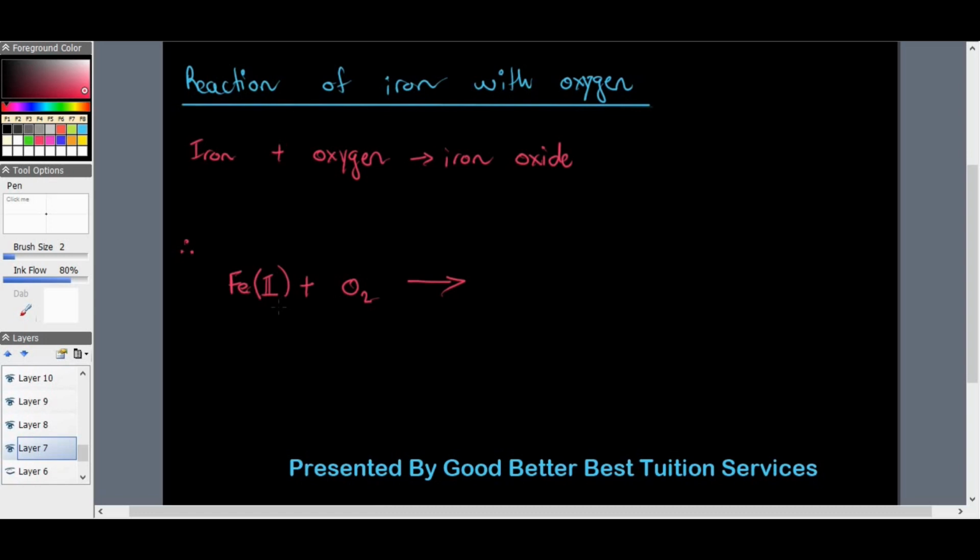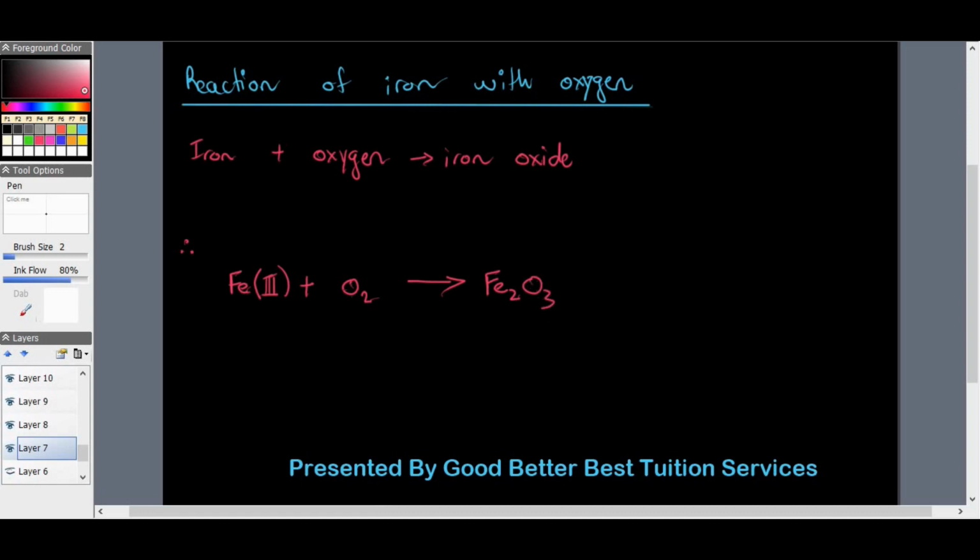I'm sure you're all familiar with Roman numerals. Usually Roman numerals are written in small letters, but when it comes to chemistry, they're written in caps. So this one is the iron 2, but in this equation I'm going to make it iron 3. The iron 3 element. So it forms Fe2O3.